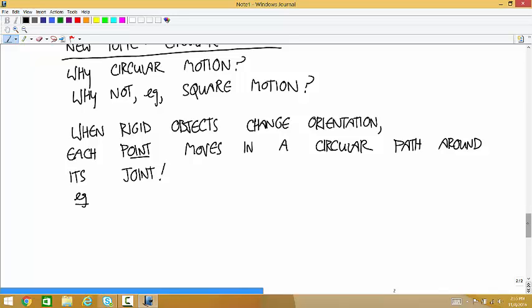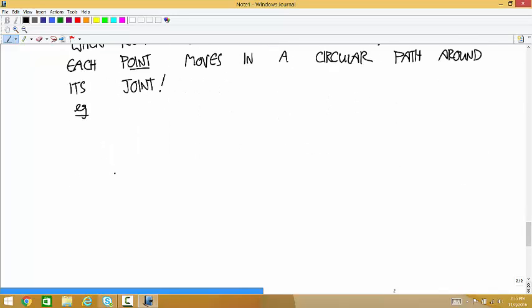Okay, so here's an example. Like an angry Tin Man robot.